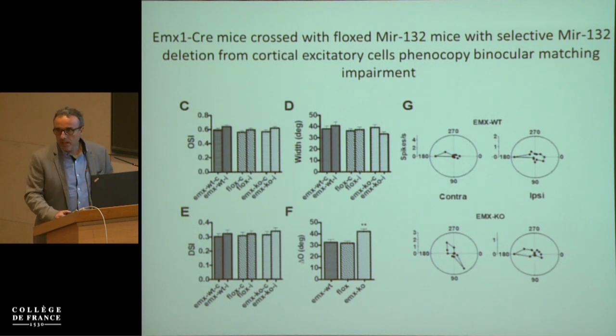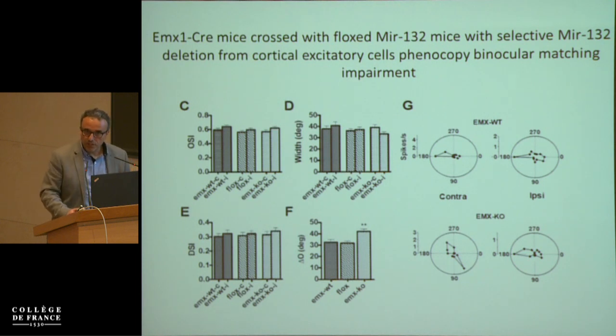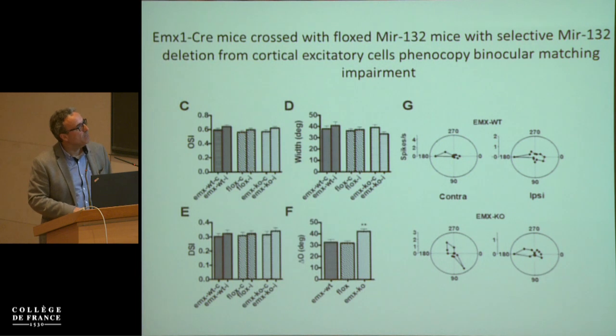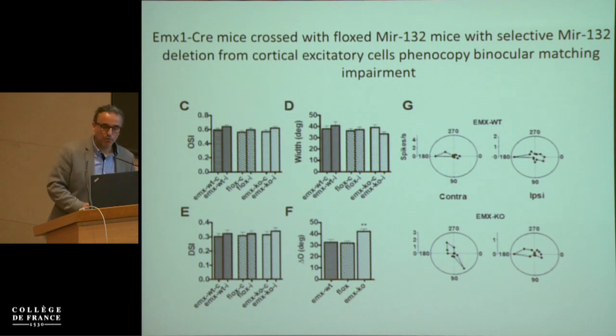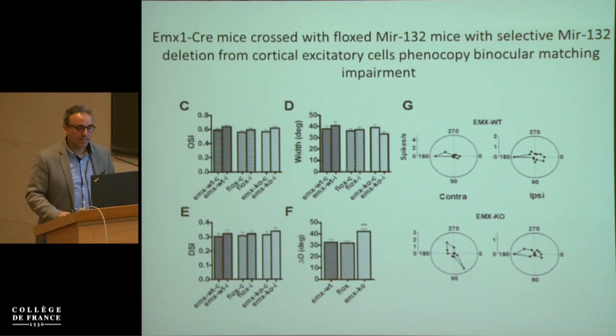the conditional knockout for MIR132 crossed with the MX1 recombinase mouse. To make a long story short, the parental lines, either the flox mouse or the one expressing the recombinase, have normal binocular matching, and in the behavior they also perform normally, but there is misalignment when we have the conditional removal of MIR132 from excitatory neurons.